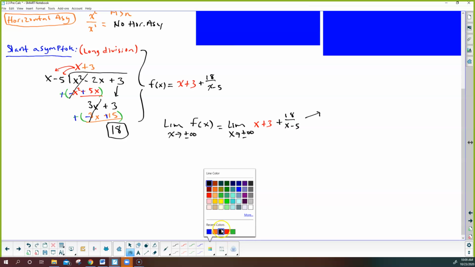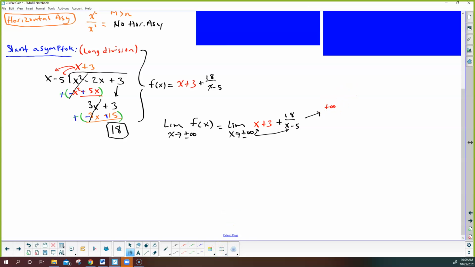I'm going to take just the red part and plug in positive infinity into both spots where I see an x. So what if I do positive infinity plus 3, that's this part, I plugged in infinity here, and then I'm going to plug in infinity into the bottom x right here.